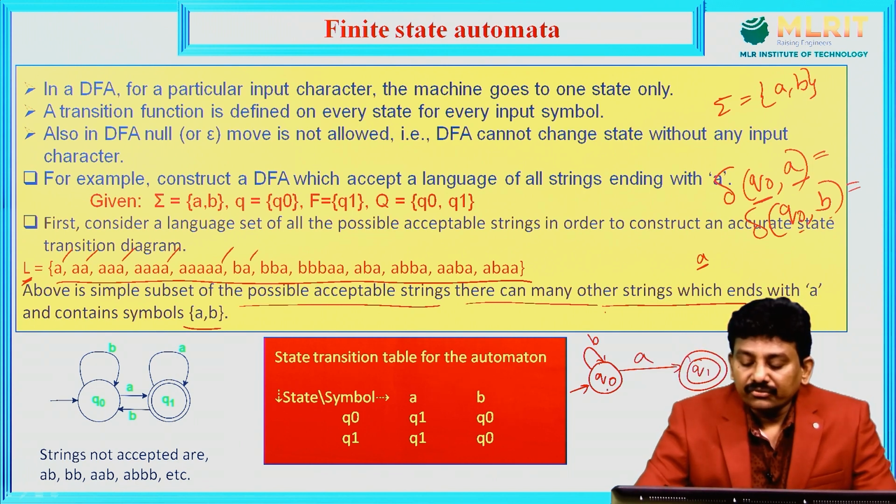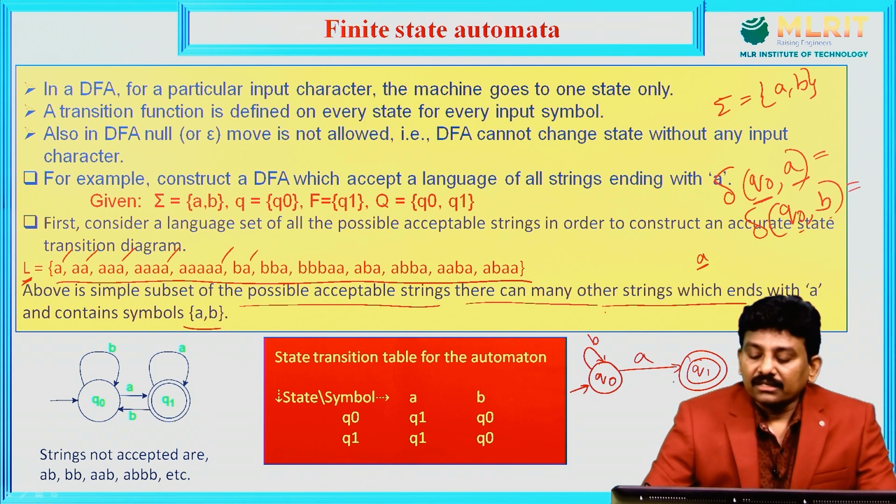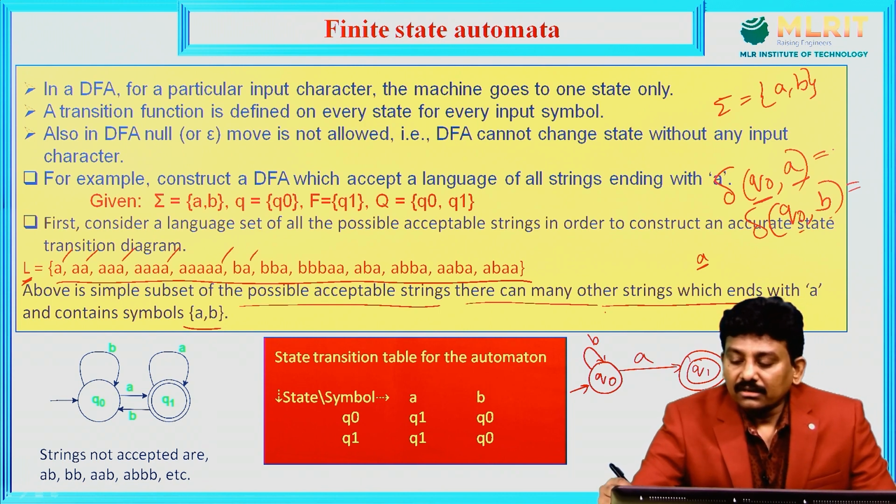As long as you read B's, stay in the initial state q0, because the string should not end with B. Strings that end with B will stay in the non-final state. Strings that end with A will stay in the final state. Okay. Then for q0 on A, the machine will go to the same state q0.